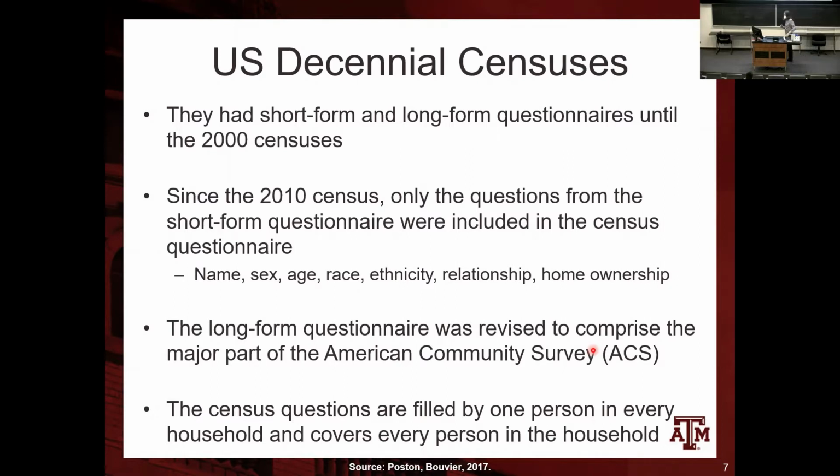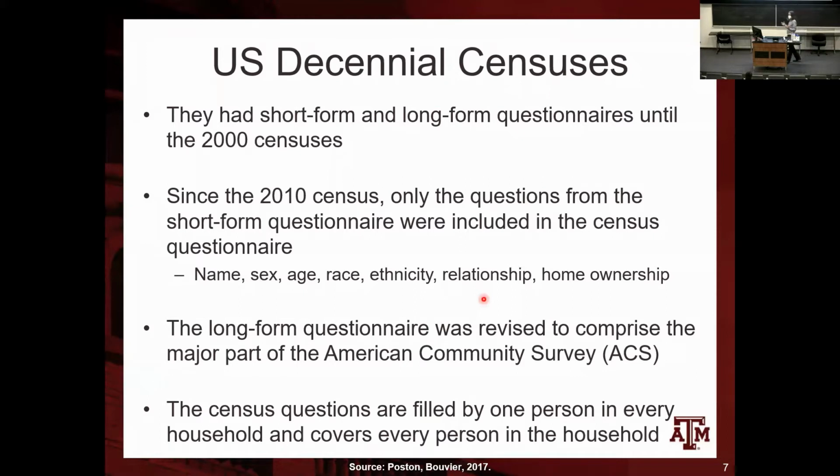So the short form questionnaire included basic questions: the name of each person living in the household, the sex of each person, age, race, ethnicity, and the relationship of each person in the household with the head of the household. So was it the head of the household, the spouse, the child, grandchild, or the father or mother, and so on?